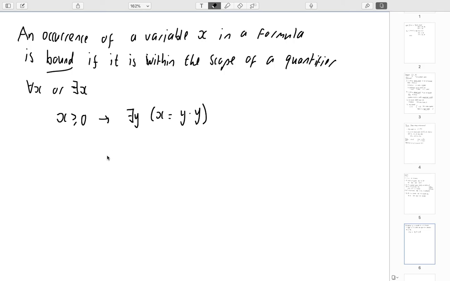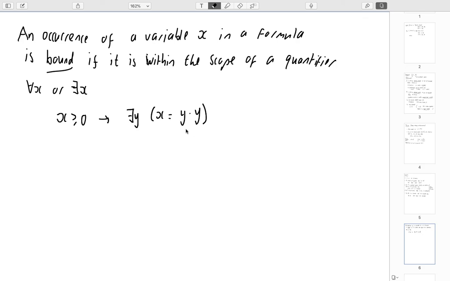And so what a variable occurrence is, is a single place where the variable occurs. So this is an occurrence of the variable y, this is a different occurrence of the variable y, this is an occurrence of the variable x, and this is a different occurrence of the variable x.